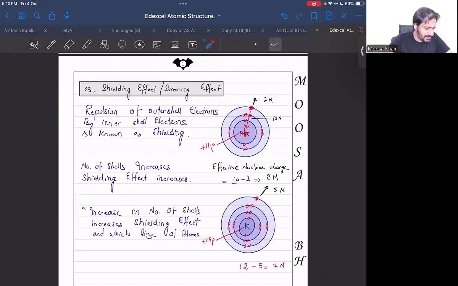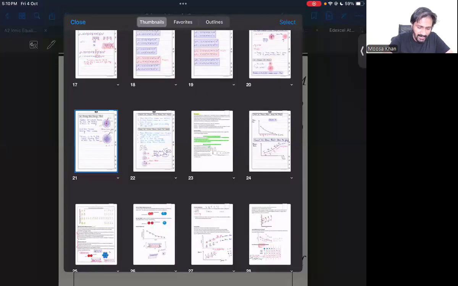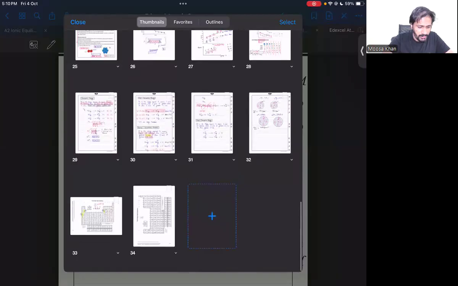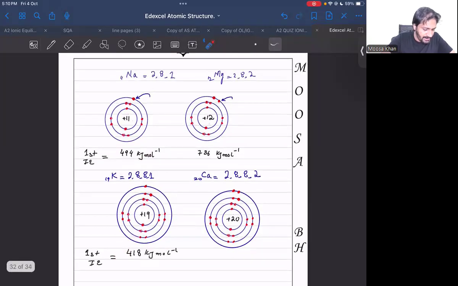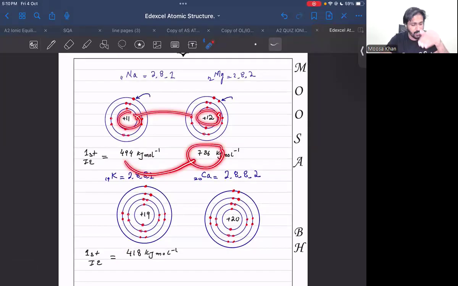Similarly, if you're going to understand the ionization energies, you have to realize, although the potassium atom has more protons, so we were expecting its ionization energy to be greater as compared to sodium. Because when we considered the same thing from sodium to magnesium, there is just one more proton in magnesium as compared to sodium, but still there is a large increase in ionization energy from 494 to 736.